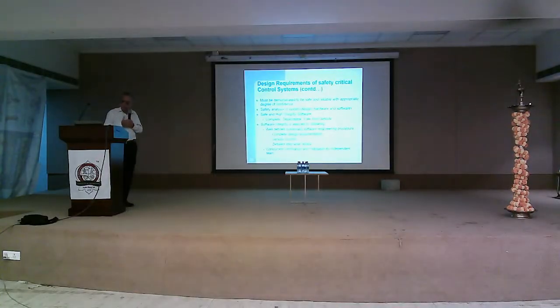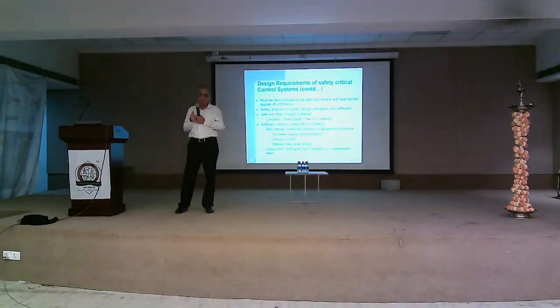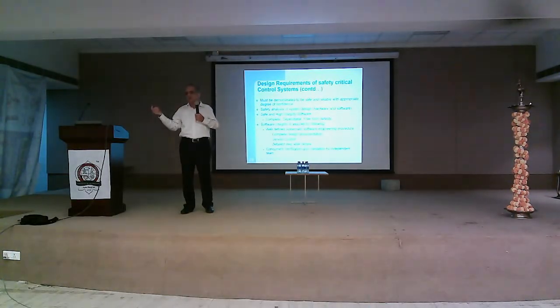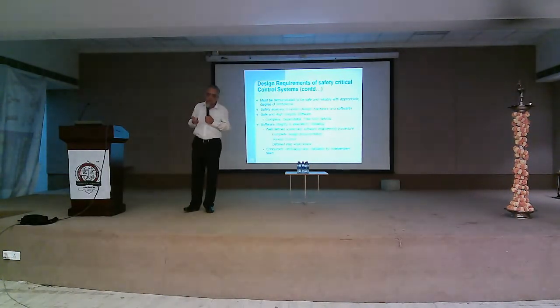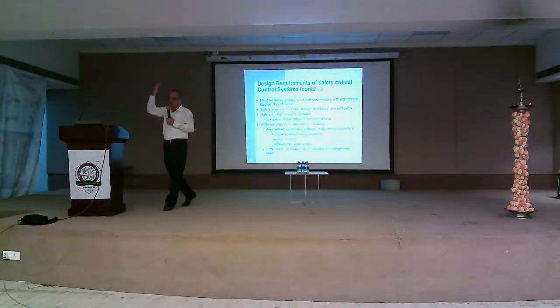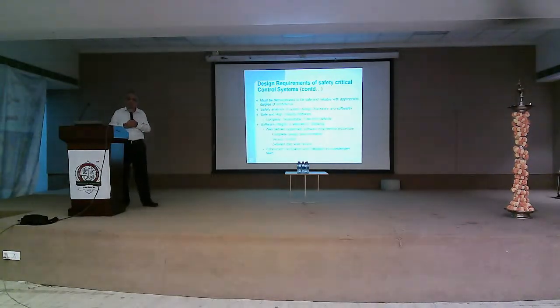After the software requirement specification is made, the software design document is prepared, describing how I am going to achieve this: what integration I will follow, how I will do it. All those things have to be written. And then there is what is called concurrent verification.